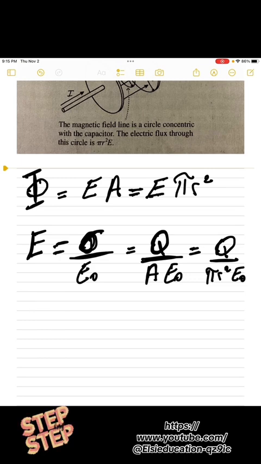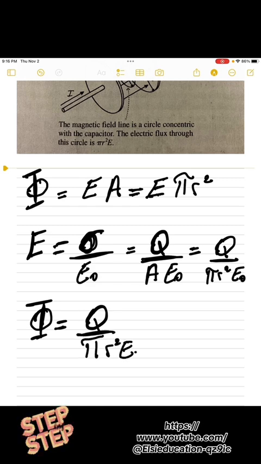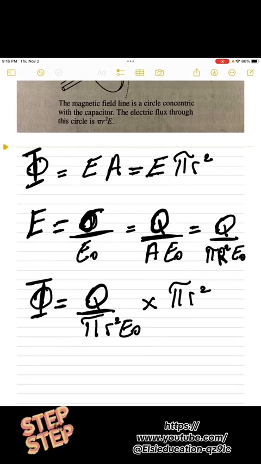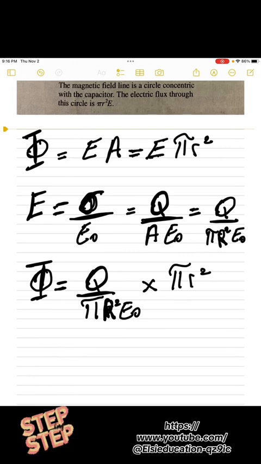We can take the flux and replace the electric field with the charge divided by πR² multiplied by the constant, multiplied by πr². Actually, let me make it different: the big R is the radius of the plate, and the small r is the radius of the area that we're supposed to measure. So don't mix up the two radii.